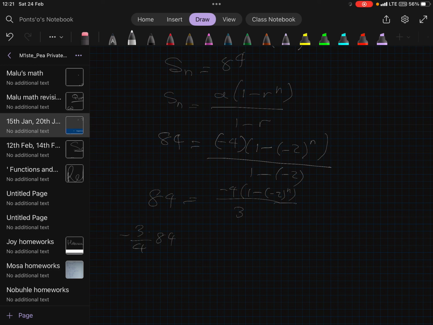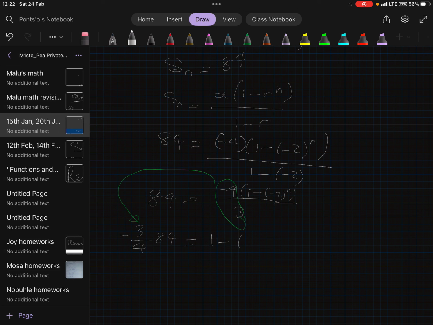I'm avoiding multiplying throughout with the negative 4. I'm just solving this part. I want to take this fraction to the other side. So that's why it's like that.